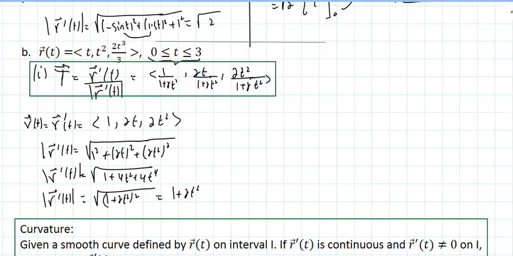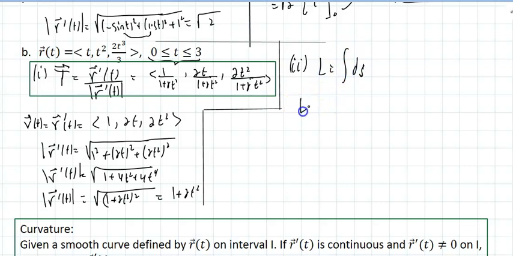By doing this, automatically I have already figured out the length of the vector. So in the second part, when I say what's L, that's the integral of ds, well, that is really the integral from 0 to 3 of what? Well, isn't ds right there?